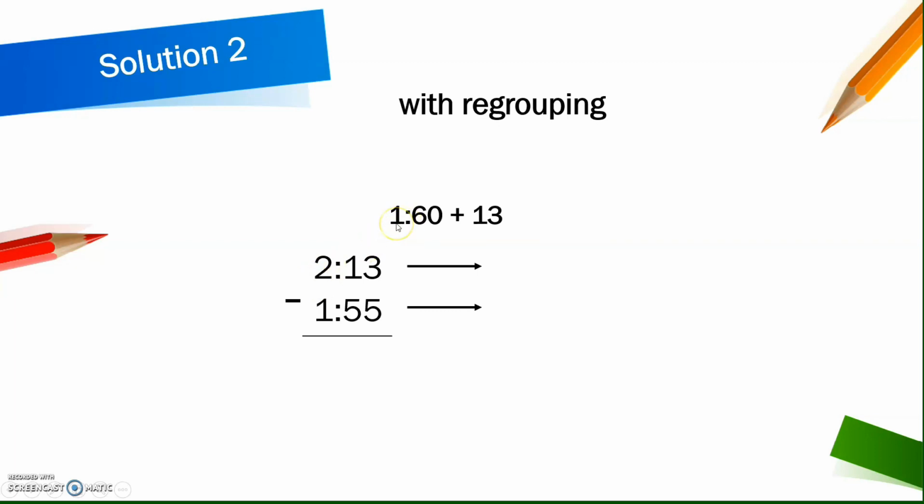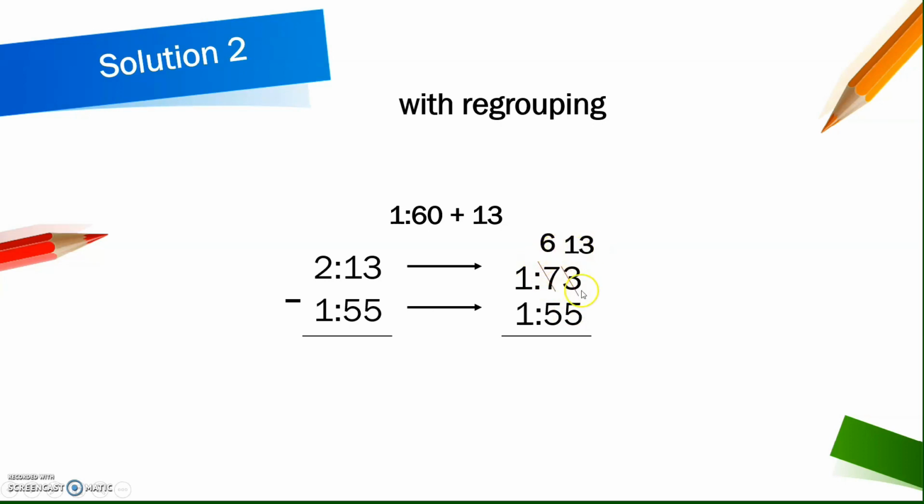And then, yung isang oras na hiniram natin is convert to 60 minutes plus 13, kaya magiging 1 and 73 minutes. And then, copy lang natin tong 1 and 55 and then subtract na tayo. So, 3 minus 5, hindi pwede kasi mas maliit yung 3 sa 5. Kaya manghihiram tayo sa 7 and then yung 7, mababawasan siya.